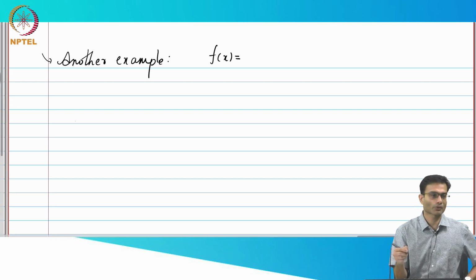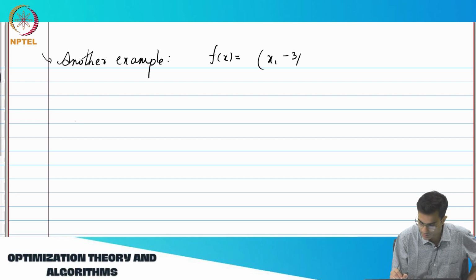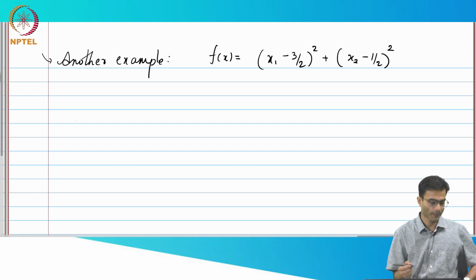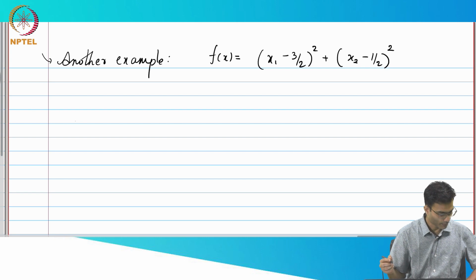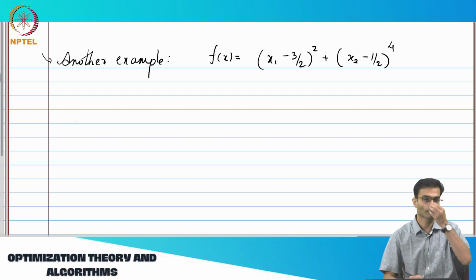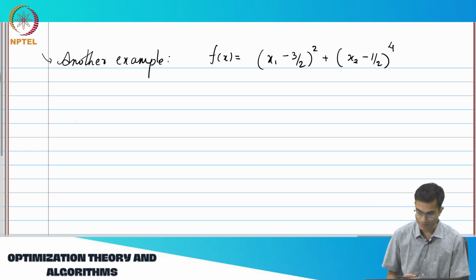This time it's not going to be a simple linear objective. f(x) = (x1 minus 3/2) whole squared plus (x2 minus 1/2) whole squared. Sorry, to the power 4, otherwise it would have been very simple to sketch.